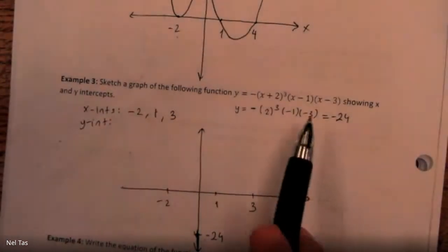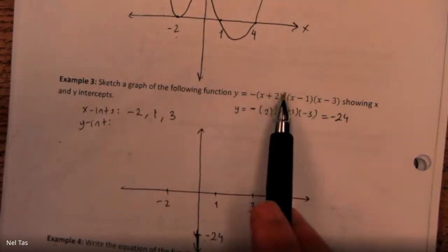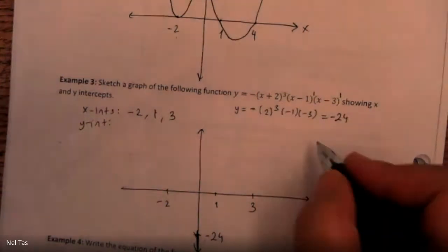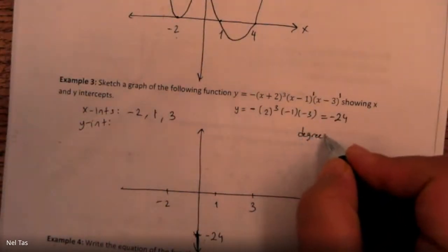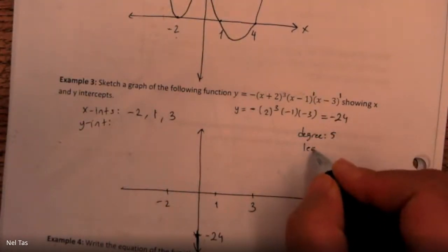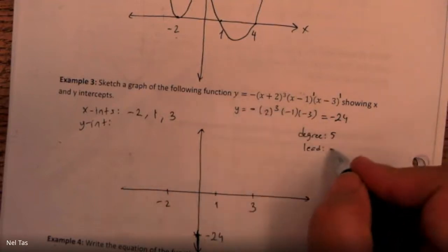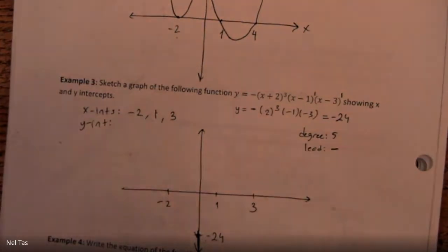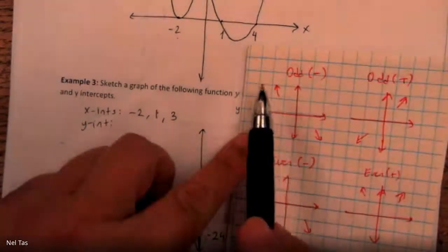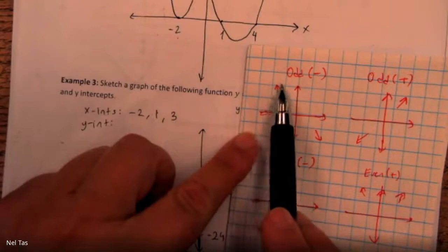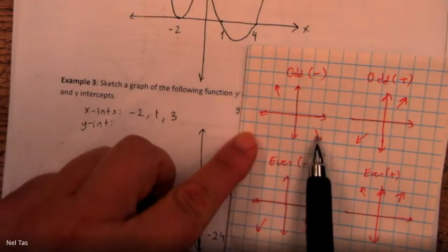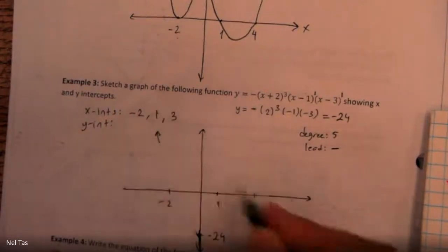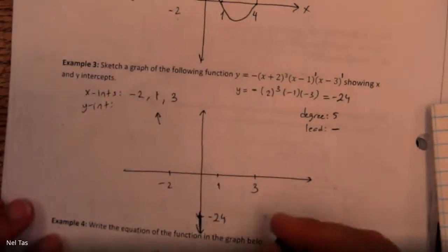Okay, so check the degree. 3, 1, 1. So degree of 5. Leading coefficient, negative. So you check: odd degree with negative leading coefficient goes from quadrant 2 to quadrant 4.